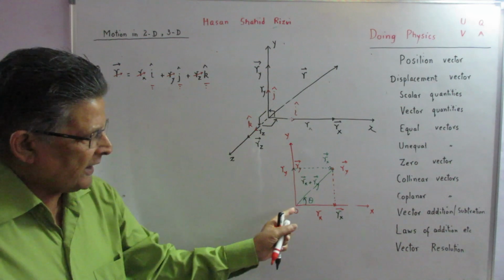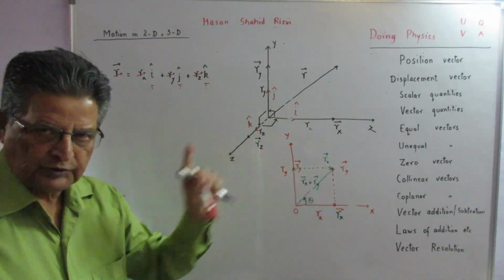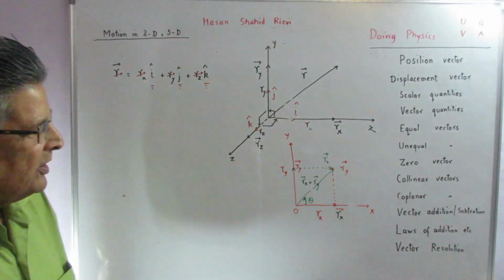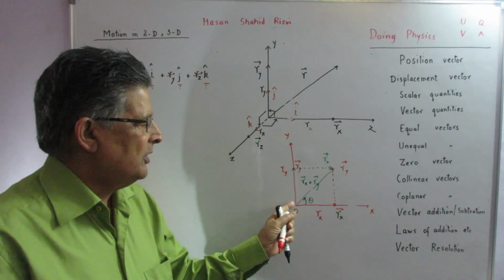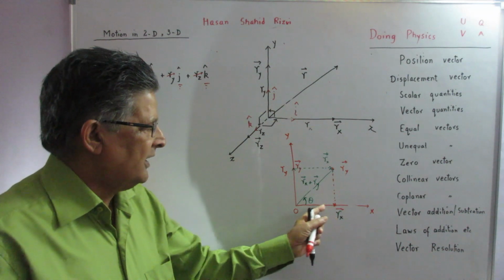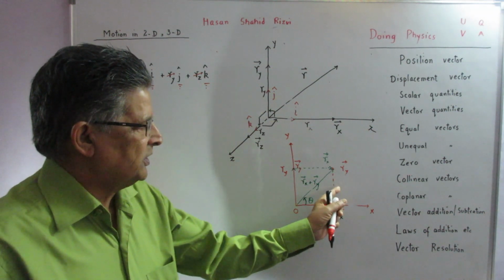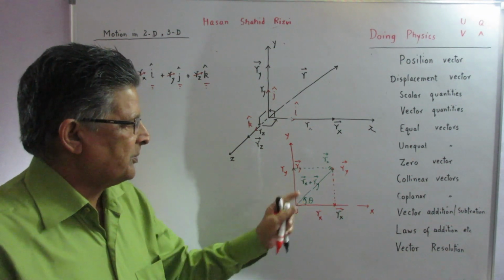So Rx plus Ry gives a vector like this. Using the Pythagoras theorem, I have a right angle triangle here, where this is the base, this is the perpendicular, and this is the hypotenuse.